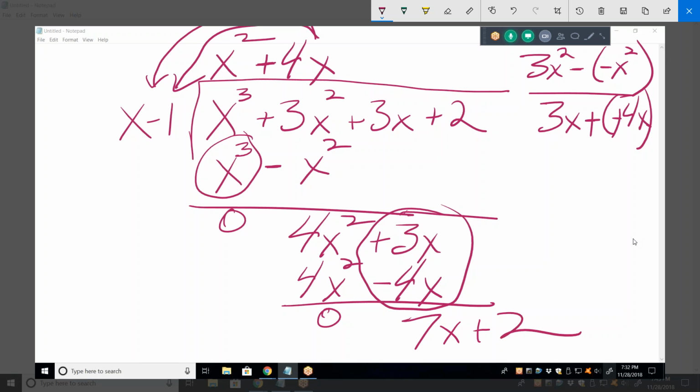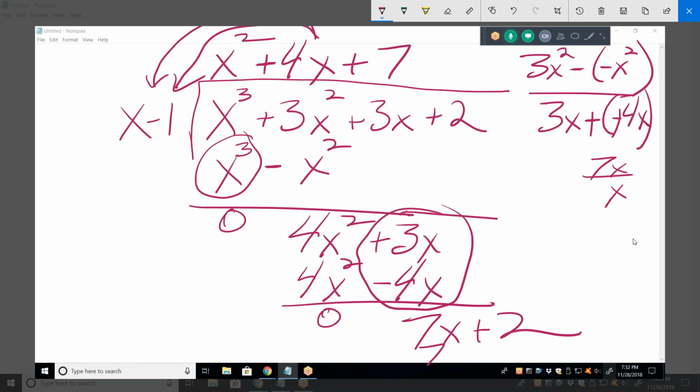Okay. And then repeat. Do it one more time. Okay, so it would be plus 7x plus 2. No. X goes into 7x how many times? 7x divided by x. What is that? That's just 7. Okay. It's plus 7. Now multiply the 7 by both terms.